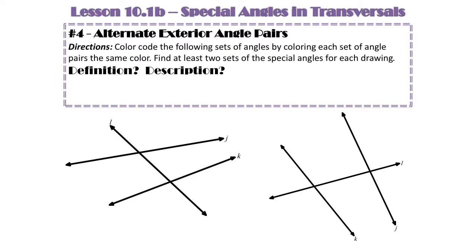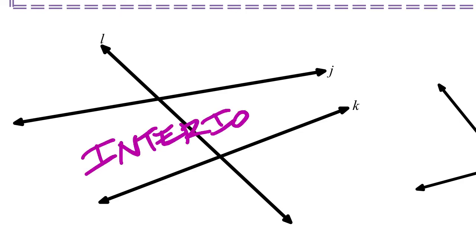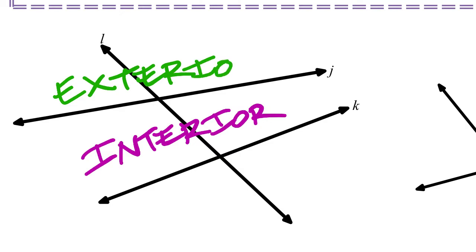So, alternate exterior angles, we're just identifying alternate exterior angles. Remember, it's got to be on the exterior, so I'm identifying interior and exterior first. Here's my interior, and then I've got my exterior, which would be considered on the outside. This means I'm looking at line L as the transversal.